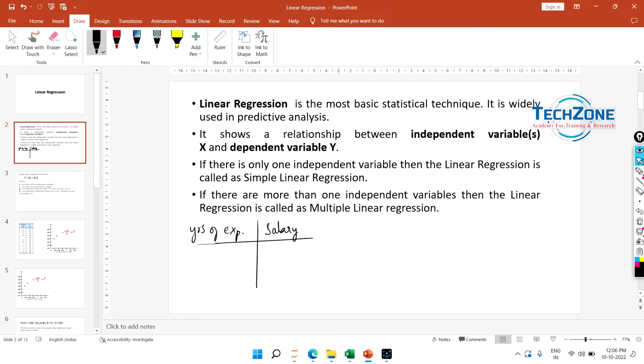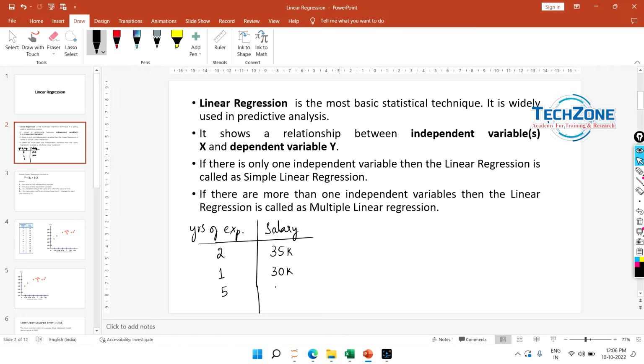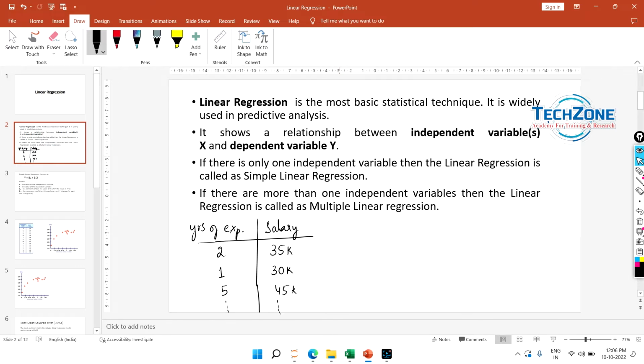Let us say if somebody is having 2 years of experience, their salary is 35K. If somebody is having 1 year of experience, their salary is 30K, and if somebody is having 5 years of experience, their salary is 45K, and so on. So this is a sample data set we have.